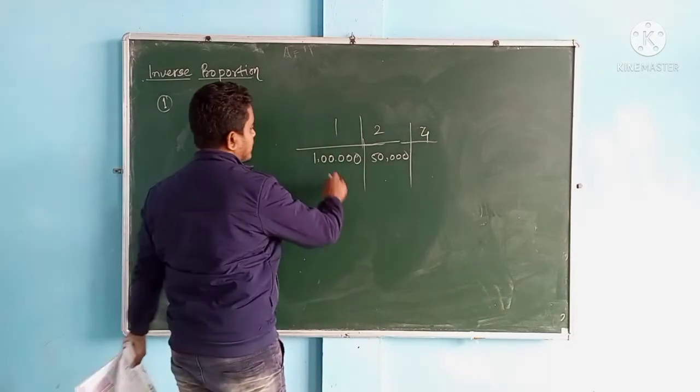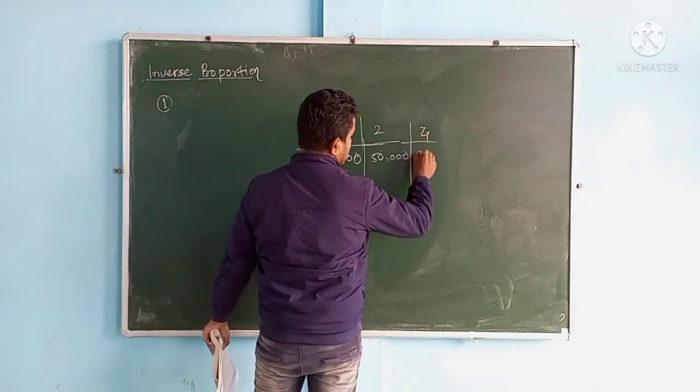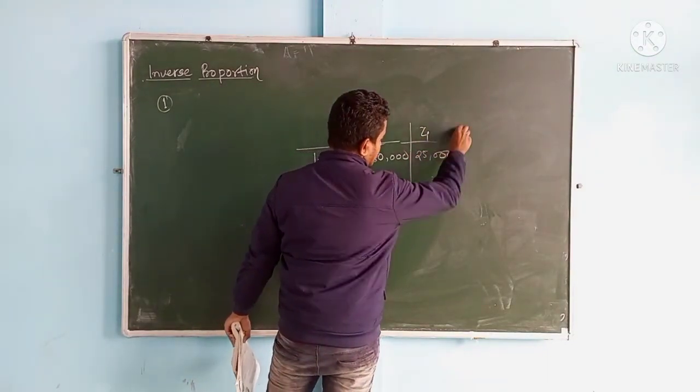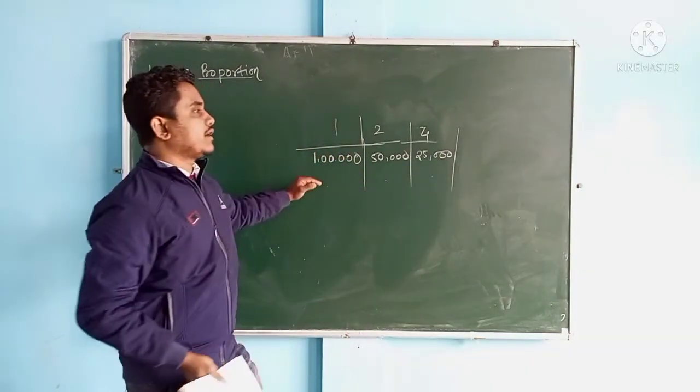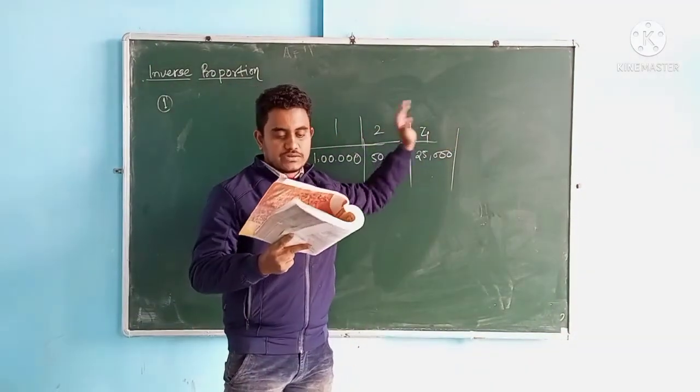For four winners, divide 1 lakh by 4, 25,000. In this way you can calculate. Just divide 1 lakh by the number of winners.